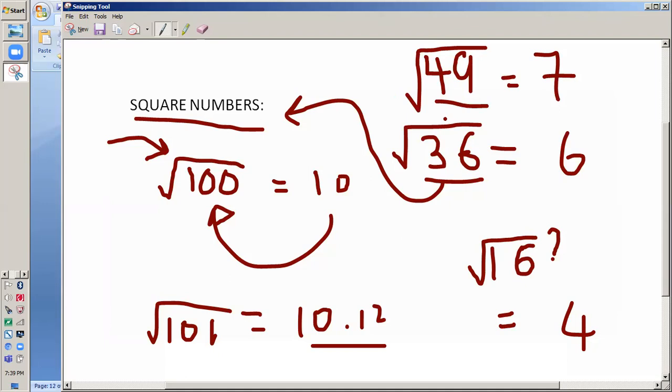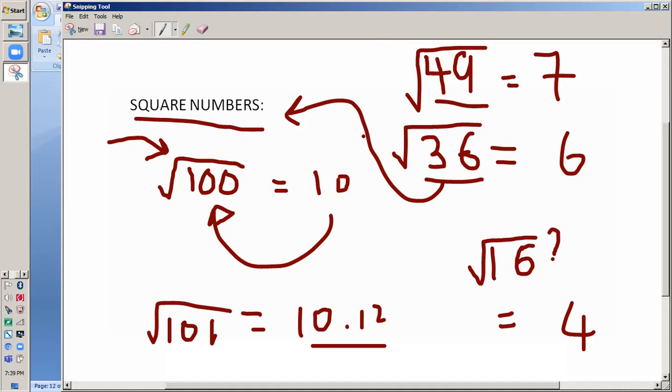All right, any questions? So basically, you're saying that any number that can multiply by itself... No, that's not it, because any number can be multiplied by itself. That's why I stopped. So you want to take it like this: a square number is any number that you can find the square root of without a remainder.